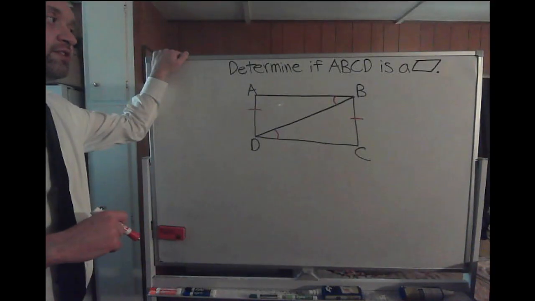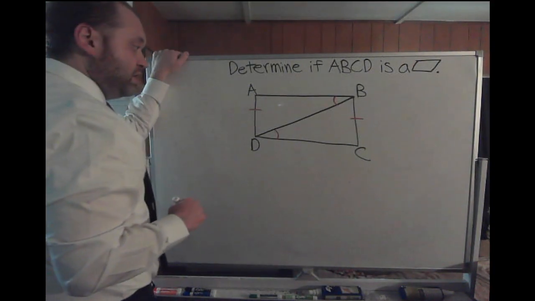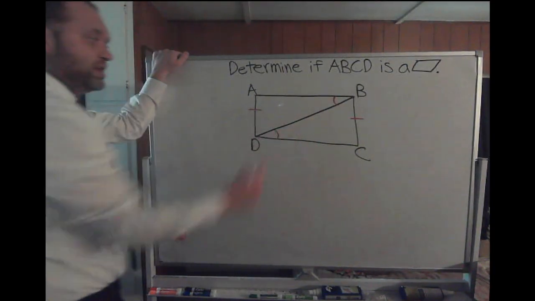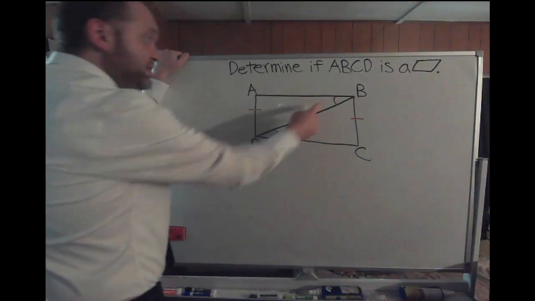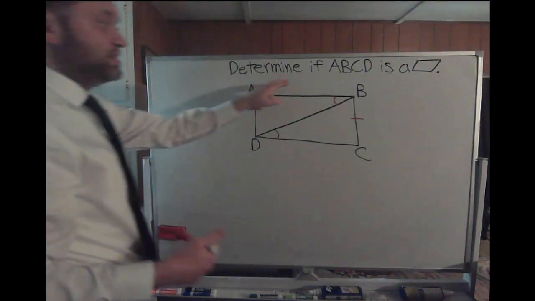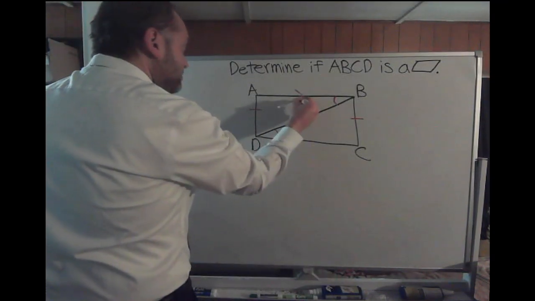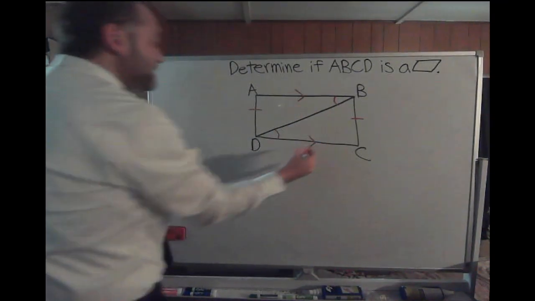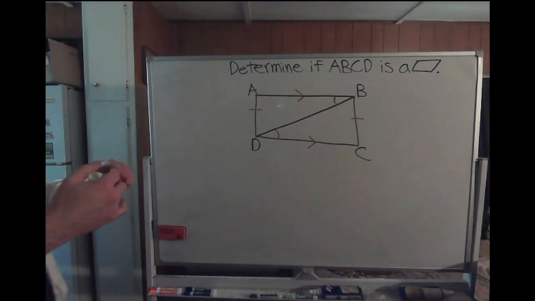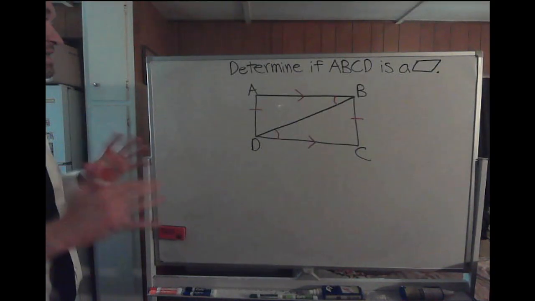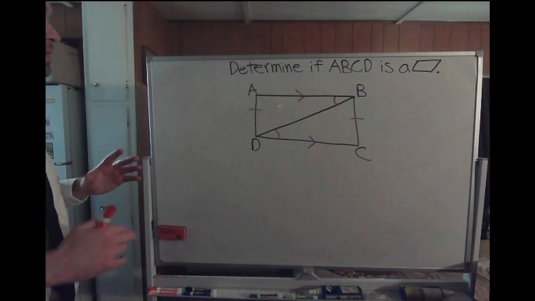They're alternate interior angles because BD is the transversal. If you have two alternate interior angles that are congruent, that means the two main lines are parallel. So we can now even determine that AB is parallel to CD. But does that help us get anywhere?